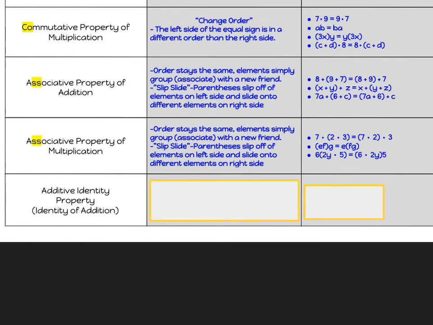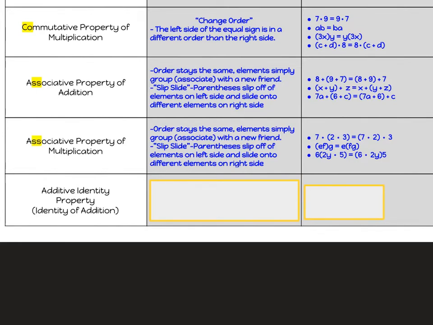Next, we have the additive identity property, and we're also going to see it with multiplication. So that'll be the multiplicative identity property. You can call this one the identity of addition. When you hear this property, I want you to think of identical.